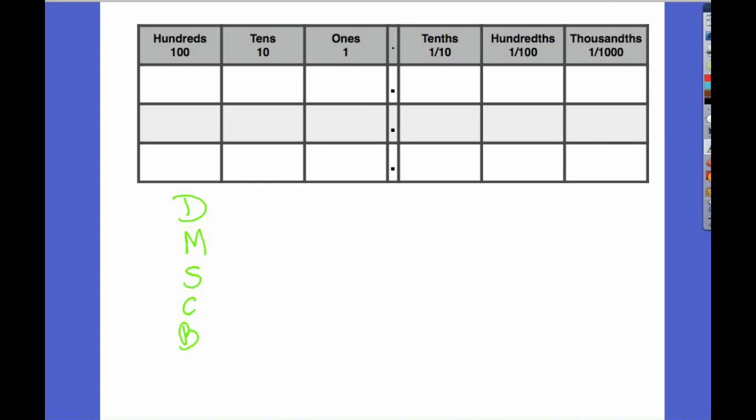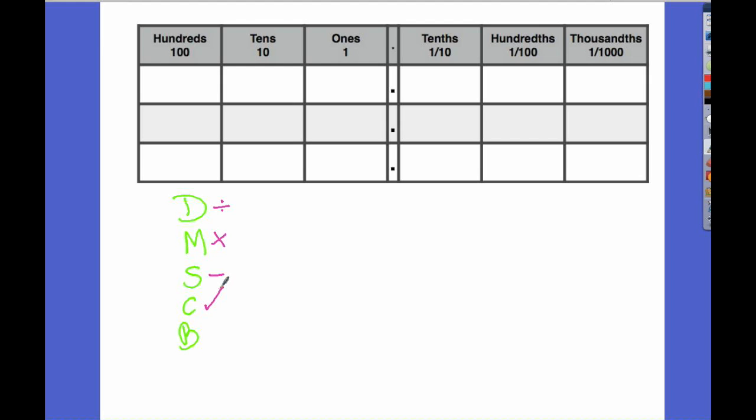Those are the steps on how to divide. So everybody, what do you think the D means? Divide, multiply, subtract. Ooh. Carry, check. What are you checking?